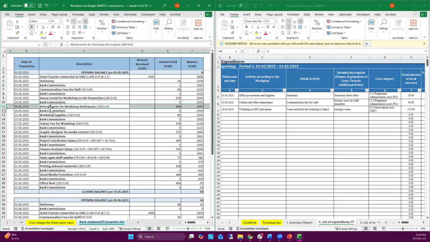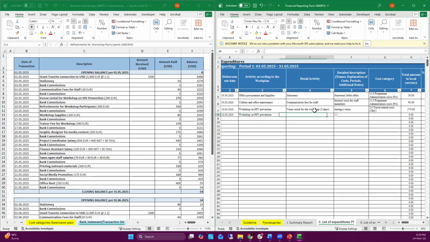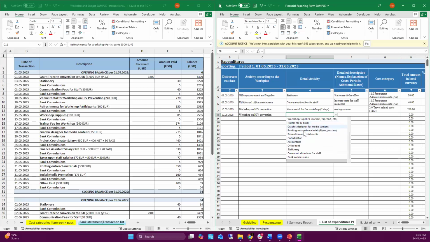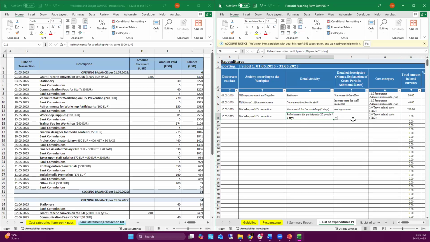Next, we have this cost on the same date, refreshments. So we choose from here refreshments. I will not write quite a lot here in order to be quicker. So we paid for refreshments this amount.